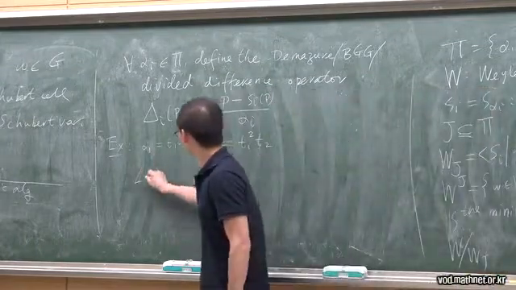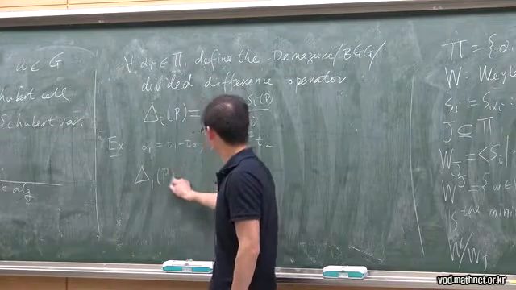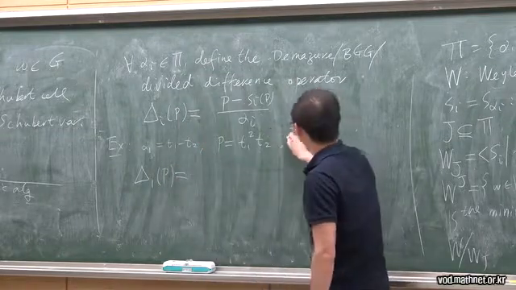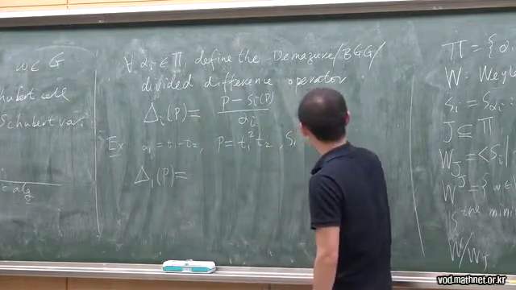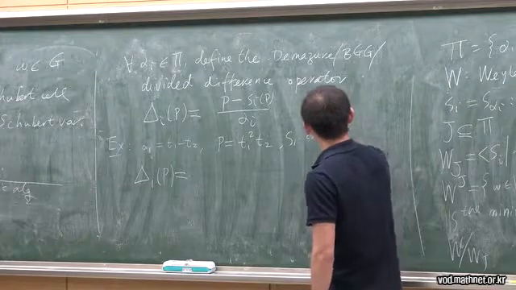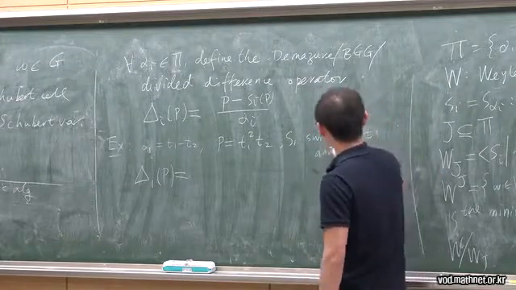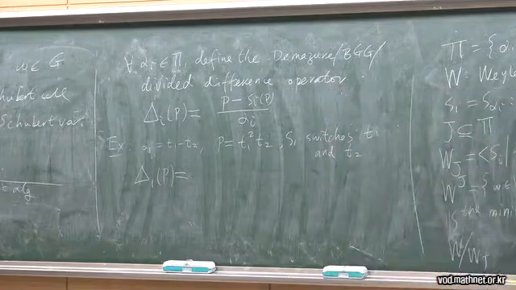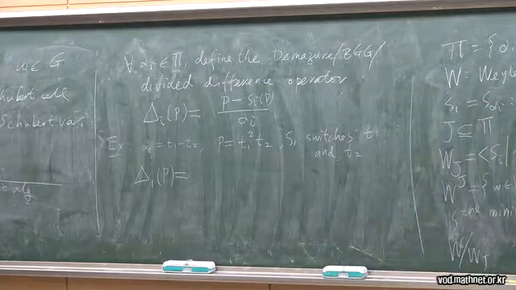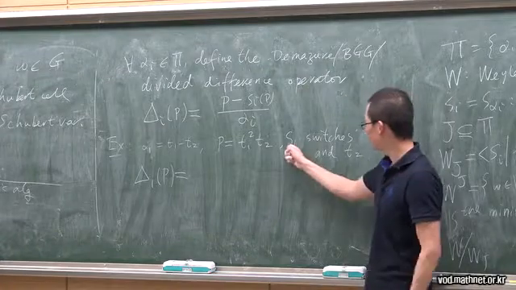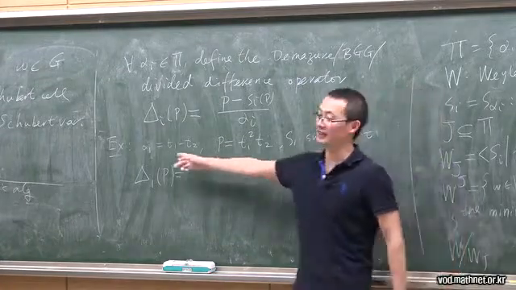Then for instance this delta 1 of P gives you, and let's say s1 switches T1 and T2. I'm not being precise here because you still have to explain why this is the s1 and why this is the alpha 1.